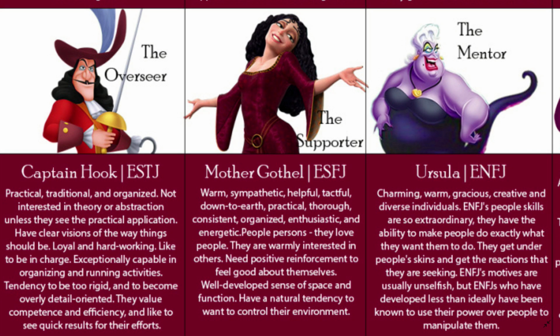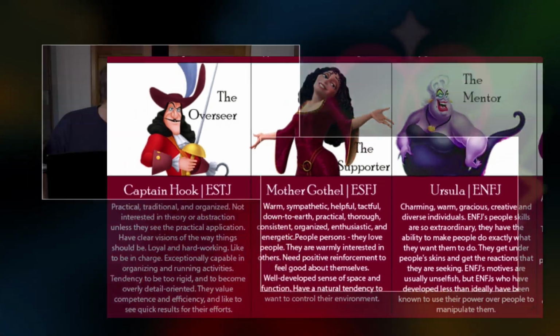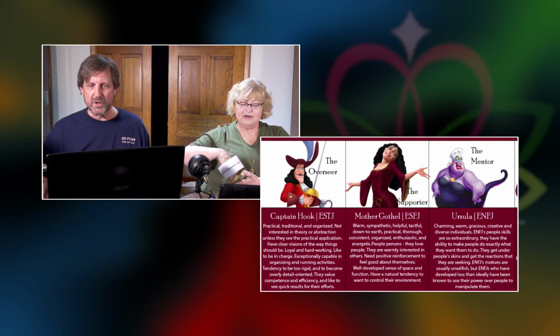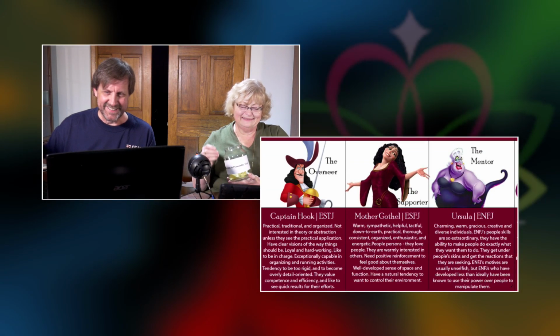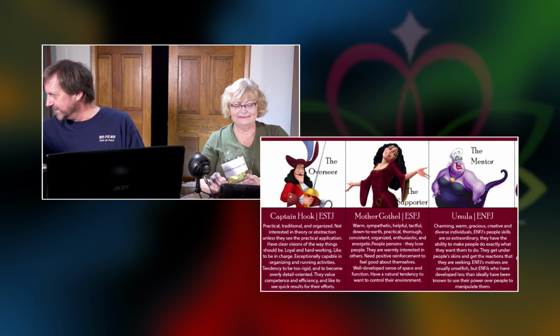ENFJs' people skills are so extraordinary. They have the ability to make people do exactly what they want them to do. They get under people's skins and get the reactions that they are seeking. ENFJ motives are usually unselfish, but ENFJs who have developed less than ideally have been known to use their power over people to manipulate them. Oh. So if you were a villain, that's the kind of villain you would be.